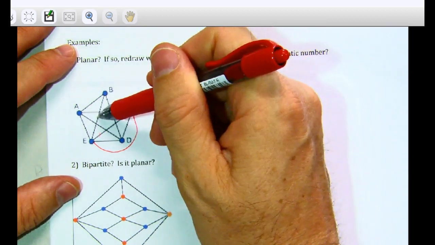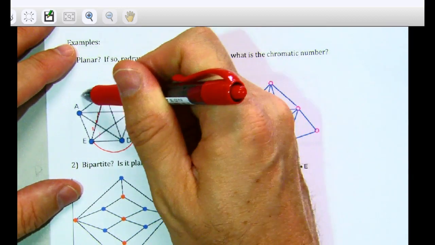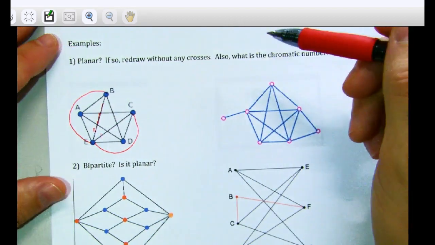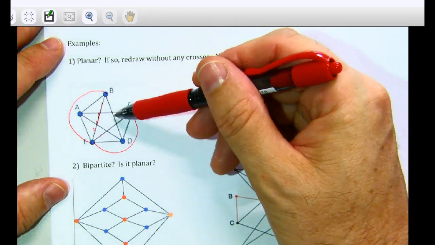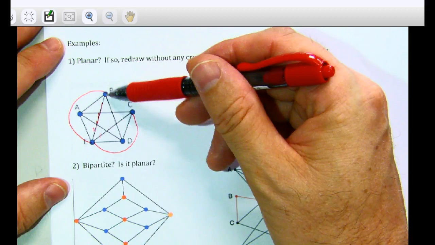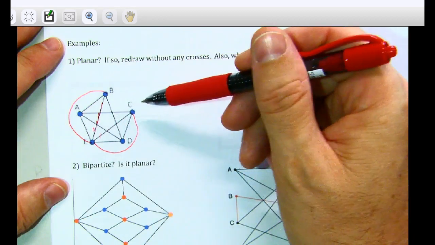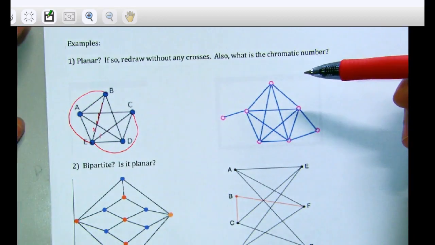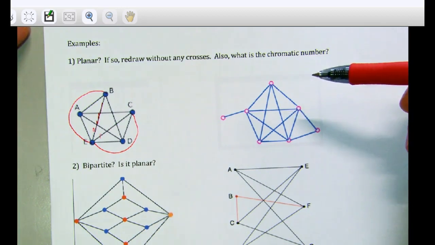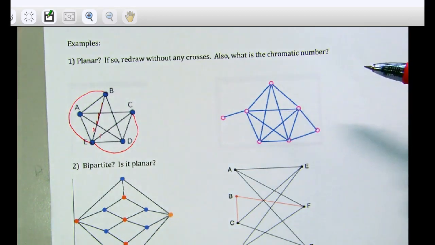And I can just try this, how about this one? Bring it over here. And so now what I have, I still have these 2 crossing. So if I bring this, I can't do that. If I bring, I can't do that. That doesn't work. And so I run into trouble with this one in trying to find out if it is going to be planar or not.